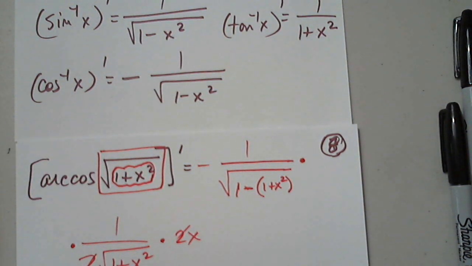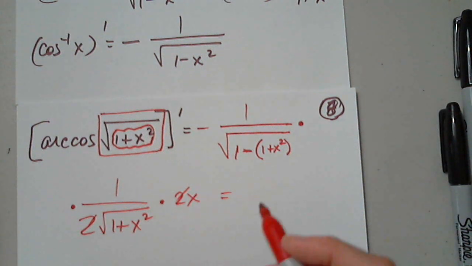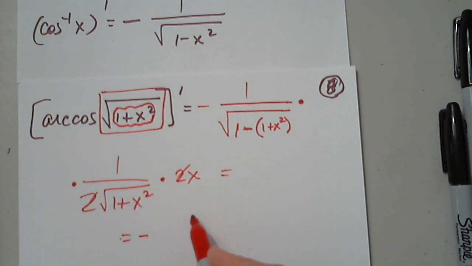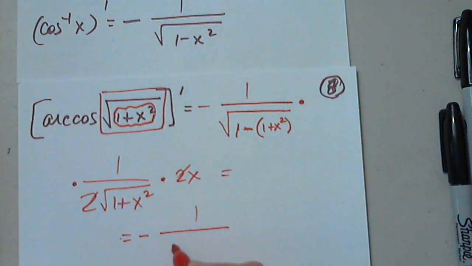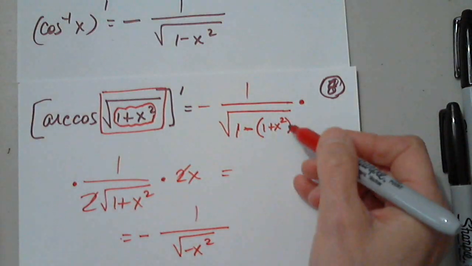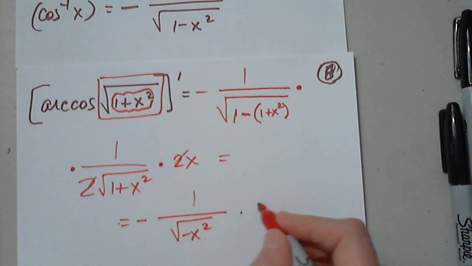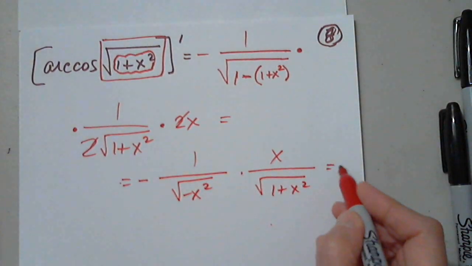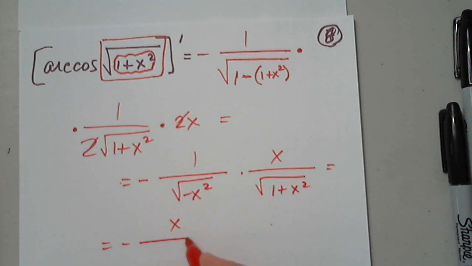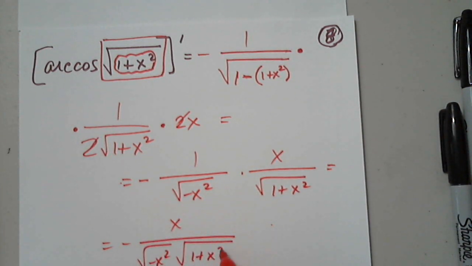The 2 from the top with the 2 from the denominator. And let's see if we can condense it. So negative 1 over, here I have 1 minus x squared. 1 minus 1 goes away. And then times x over the square root of 1 plus x squared. Yes, it can be written as x over the square root of negative x squared, the square root of 1 plus x squared.